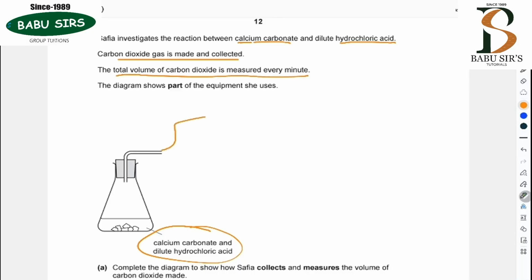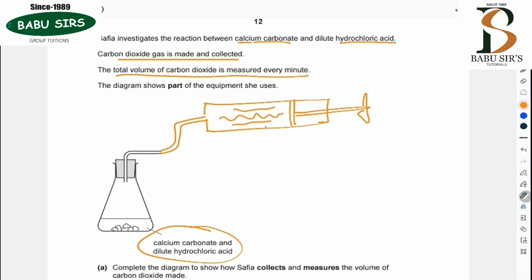Carbon dioxide will come from here. You can directly put it in a syringe. That is the gas collecting syringe. Now how much gas will be produced in this syringe, and this is a measuring syringe. So you can also calculate the amount of gas.